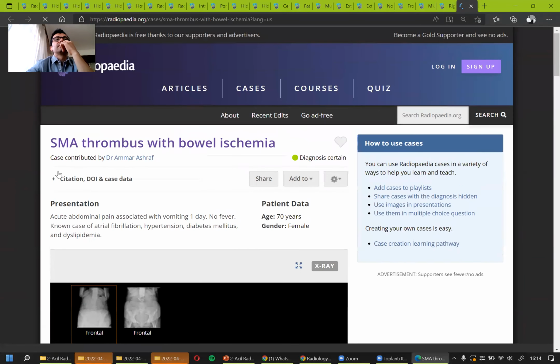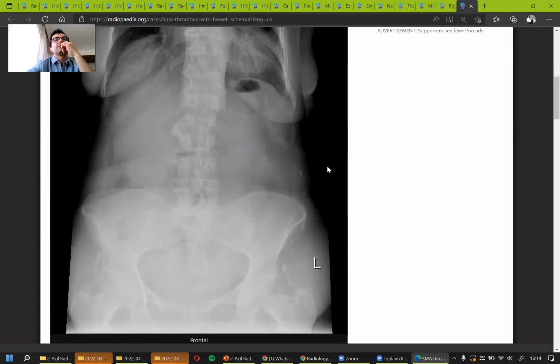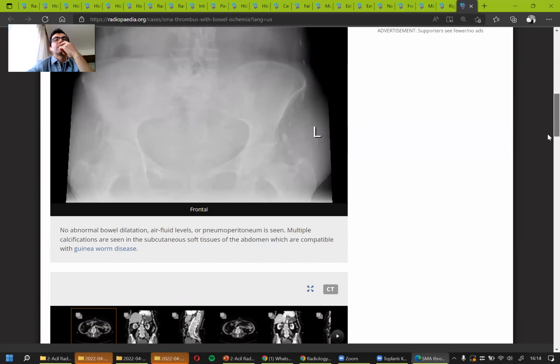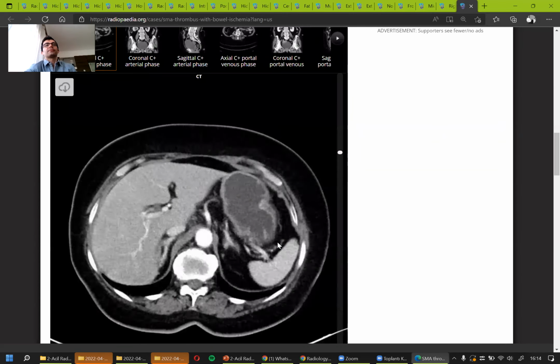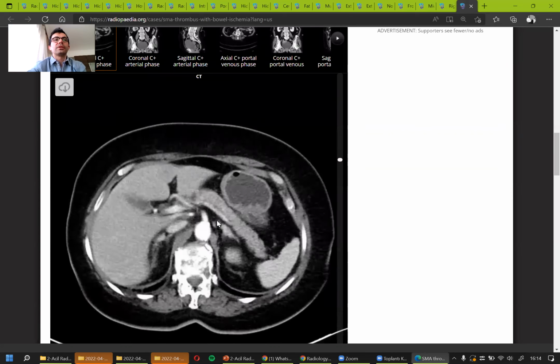So this is a woman with acute pain when vomiting for 1 day. Okay, she has atrial fibrillation and hypertension and diabetes mellitus. When I checked the X-ray, it was completely normal. But when I check the CT scan, you're not responsible for this, so it's very hard to see.